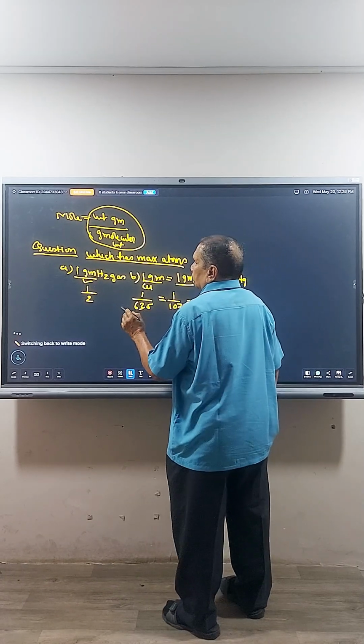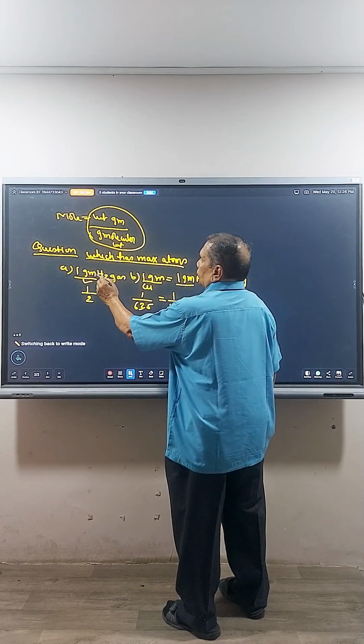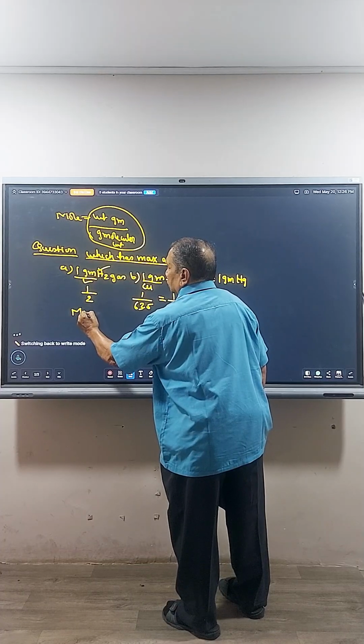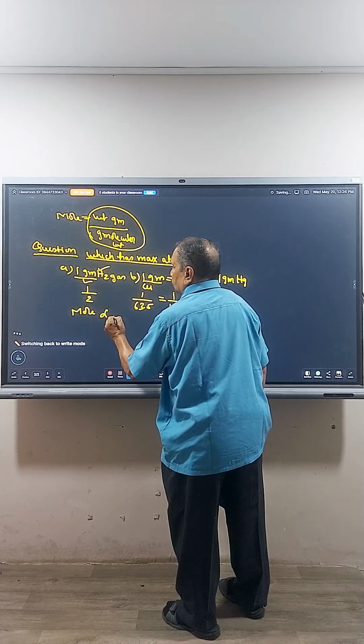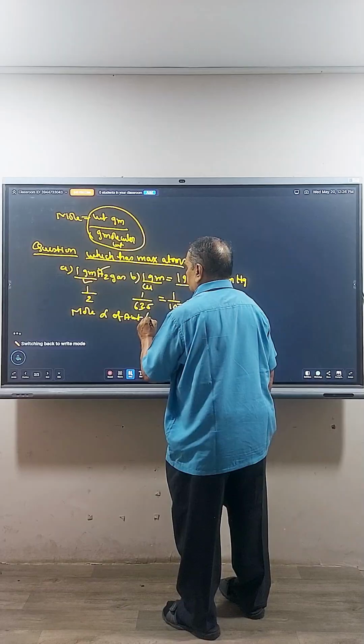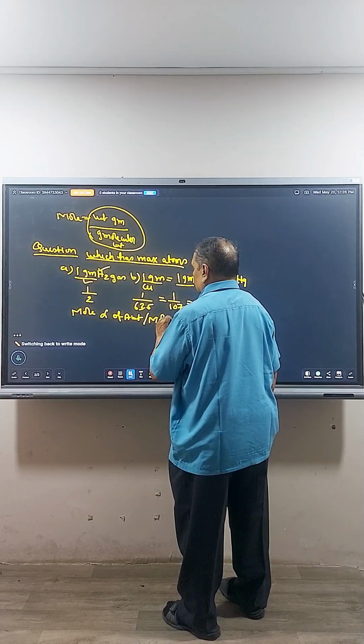Now, common sense tells that when the weight is the same, mole is inversely proportional to atomic or molecular weight.